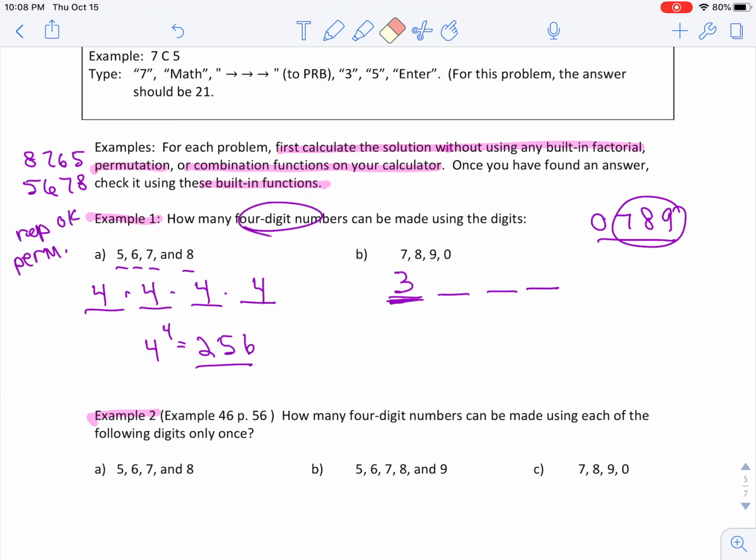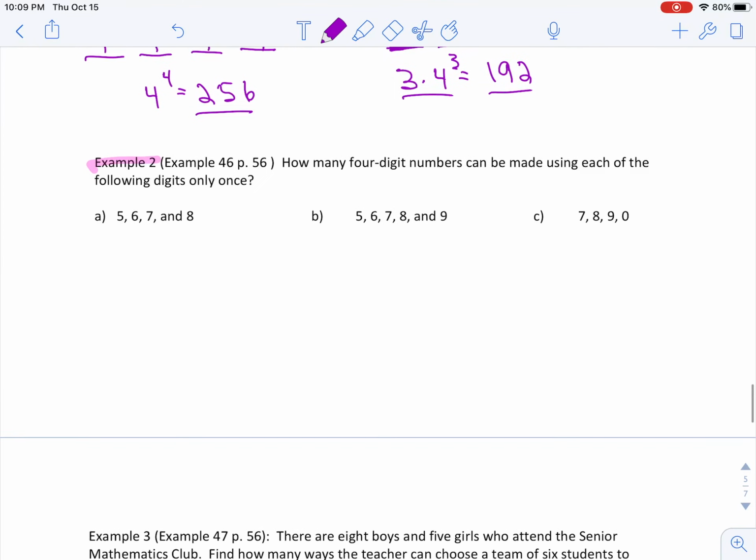But in the next slot, it would be okay to have any of these digits, 7, 8, 9, or 0. So I'm back to having 4 choices here, 4 choices here, 4 choices here. We end up with 3 times 4 to the 3rd, which is 192. And again, you can use your calculator to do those basic multiplications.